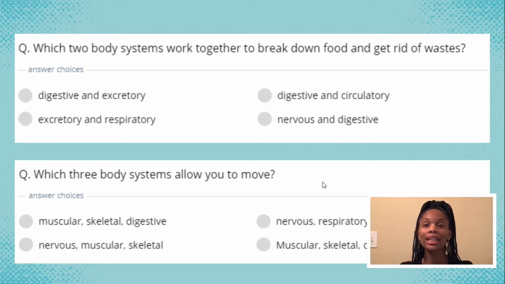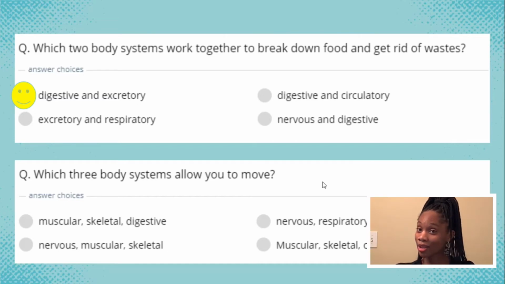I'll give you a minute to ponder on it. If you said digestive and excretory system, you are correct. The digestive system breaks down food, and the excretory system gets rid of waste.